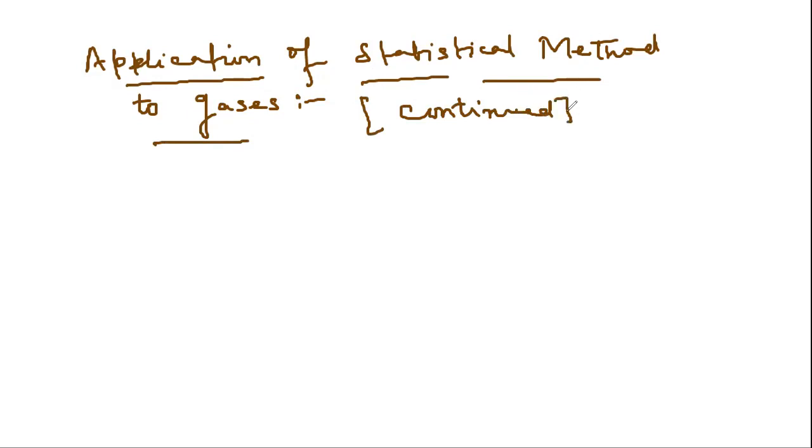So remember, in the last lecture, we said that when we compare the application of statistical method to gases with the case of an assembly of distinguishable localized particles, we have to incorporate two ideas.